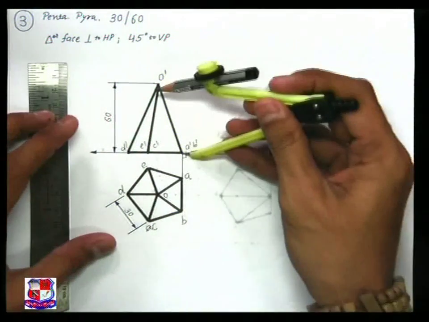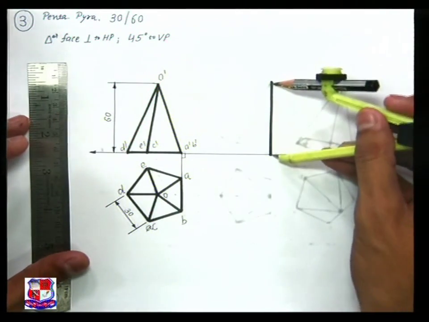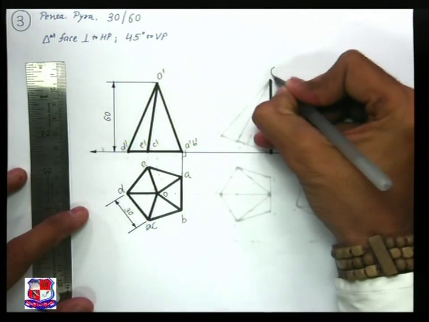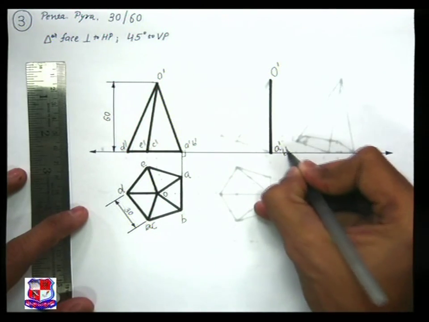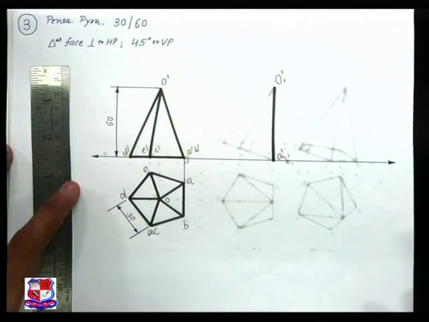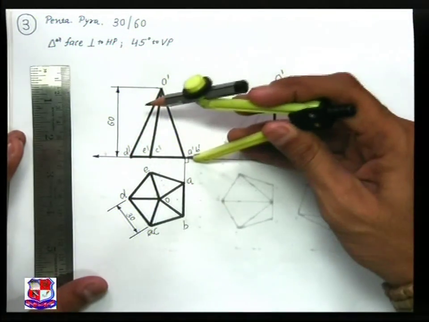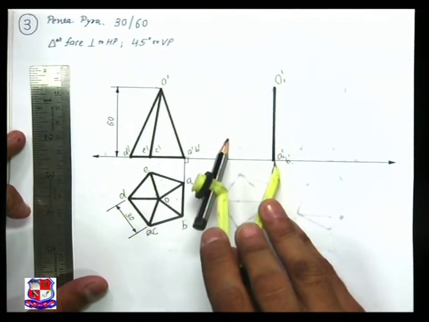So measure this distance A dash to O dash like this and transfer it over here. Name the endpoints: this is the apex point O dash, here are points A dash and B dash, or we can add a nomenclature O1 dash, A1 dash and B1 dash. Now measure this distance A dash to D dash and transfer the distance over here.